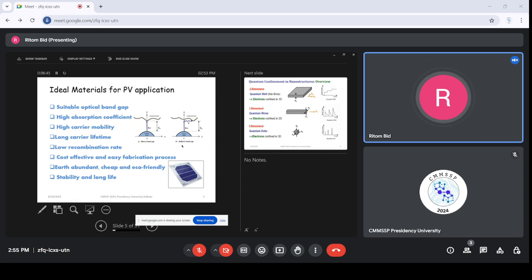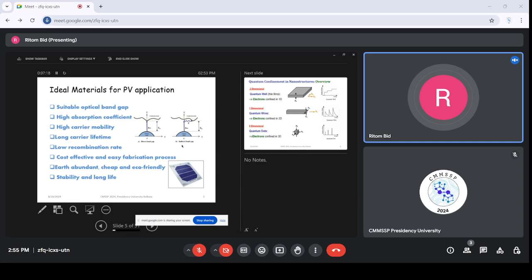The mobility of the charge carriers inside the material must be higher so that we can get the current. Carrier lifetime has to be longer. The photogenerated charge carrier must exist for a longer time inside the material so that the possibility of getting current out of the photogenerated charge carriers is high. Recombination rate should be lower.